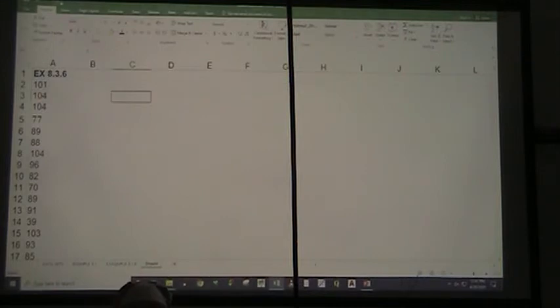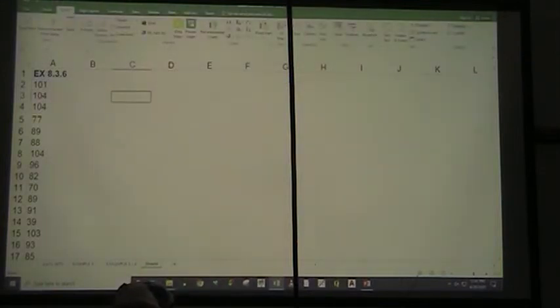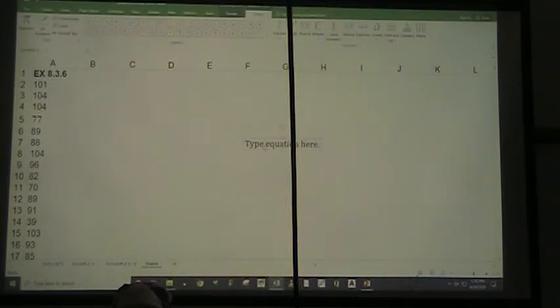All right, so we're going to insert our equation.